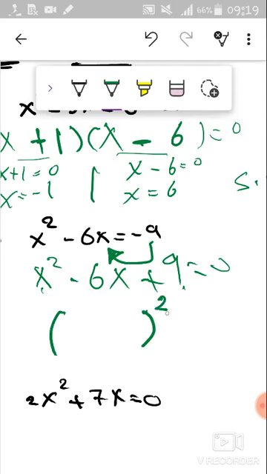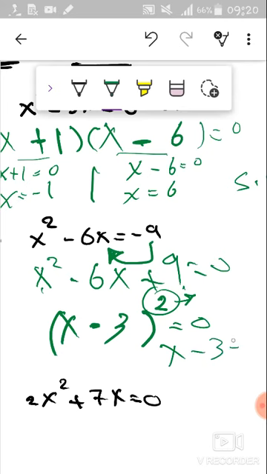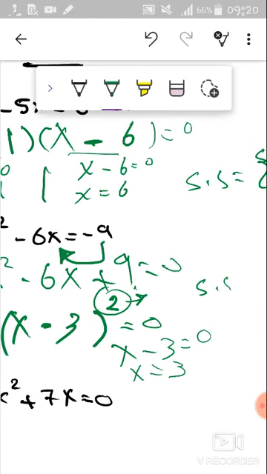So it's bracket all to the power 2. Here x and 3 and putting the sign of the middle. Here we have x minus 3 all to the power 2 equals 0. I will get rid of the square: the square root of 0 is 0. So x minus 3 equals 0, and x is equal to 3. So the solution set is 3.